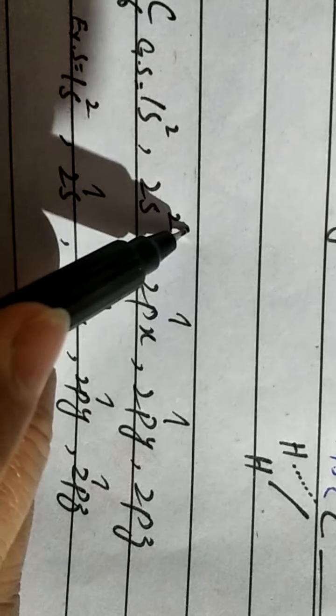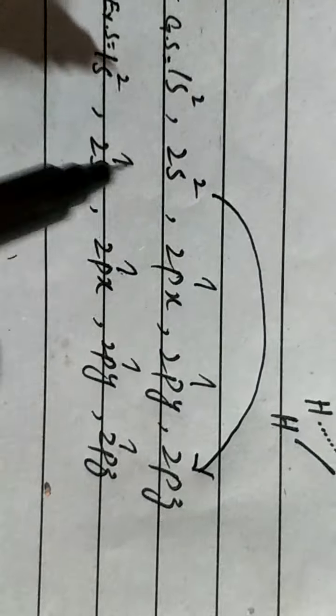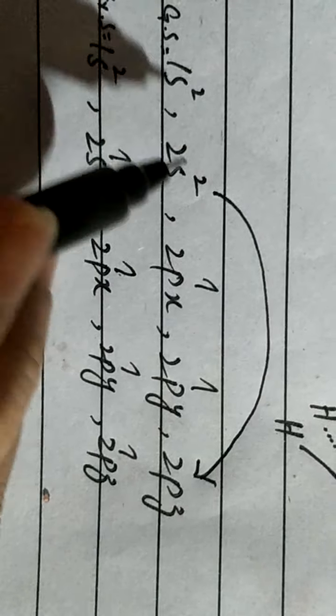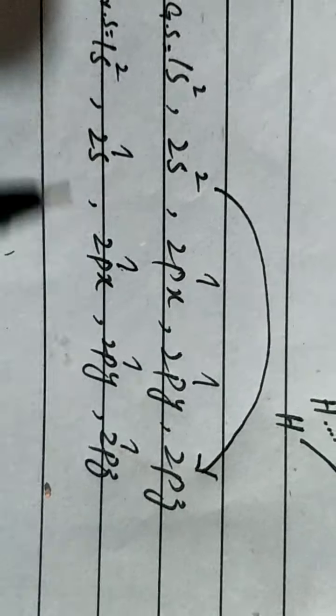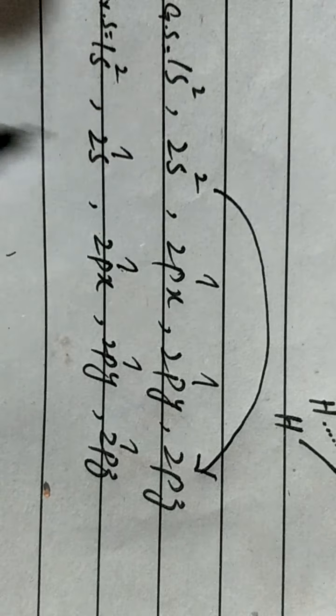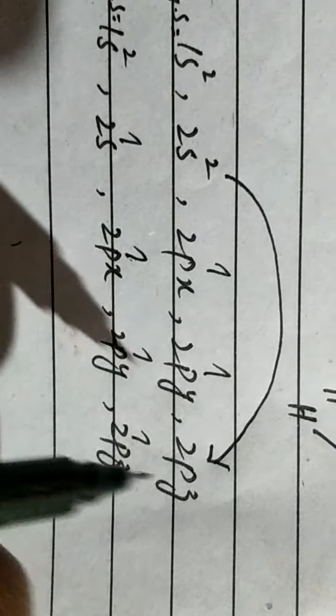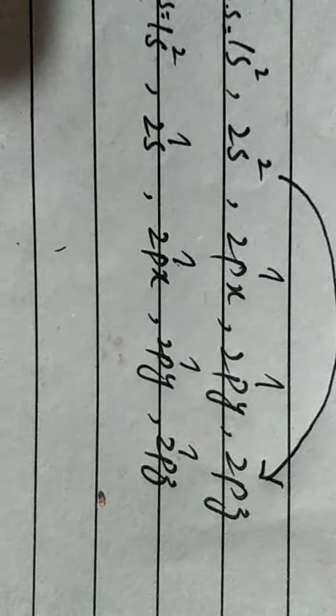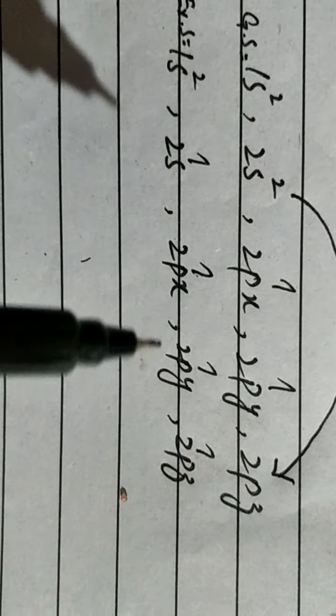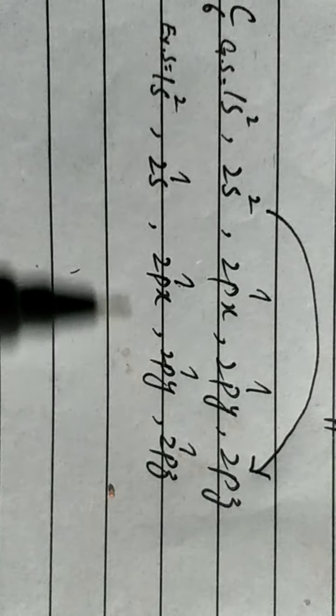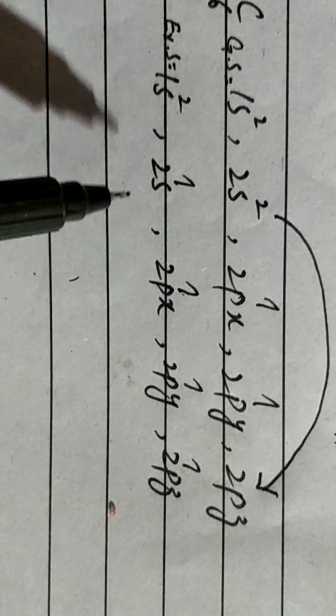One electron from the low energy orbital jumps into the high energy orbital 2pz, which is empty. After excitation of one electron, it contains 1 and this one also 1 electron. Now there are total 4 unpaired electrons in the excited state of carbon.